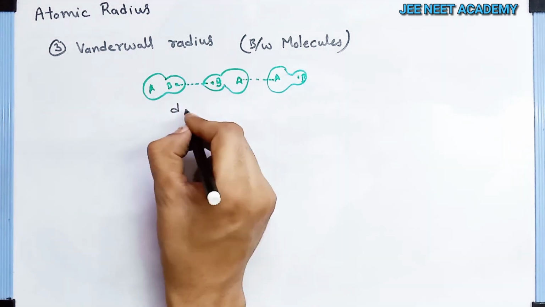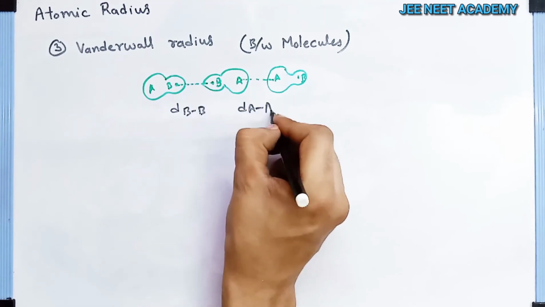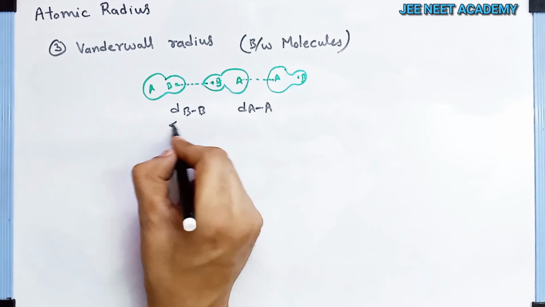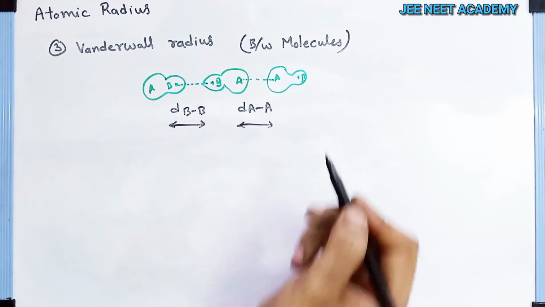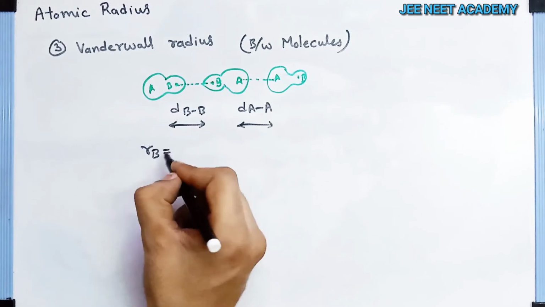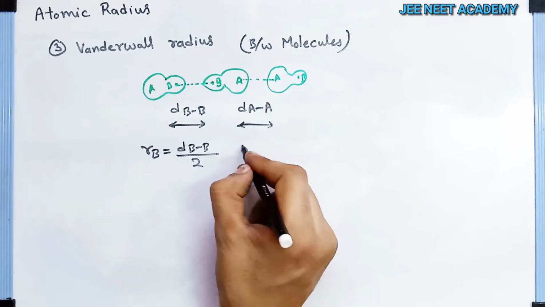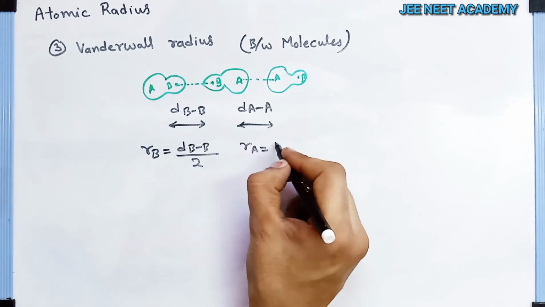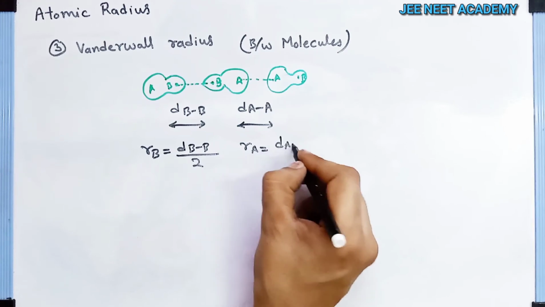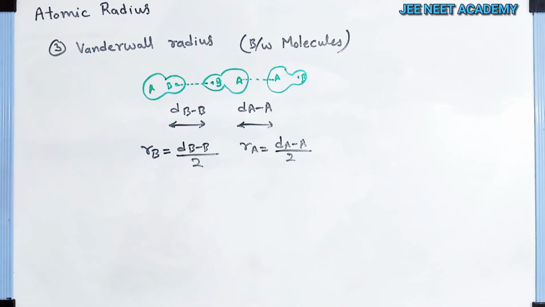This distance is D_BB and D_AA. The radius of B will be the distance BB divided by 2, and the radius of A will be the distance AA divided by 2. This is all the concept in the van der Waals radius.